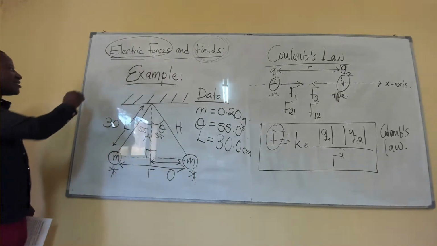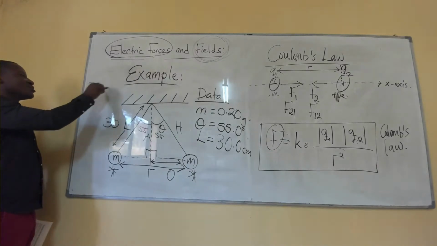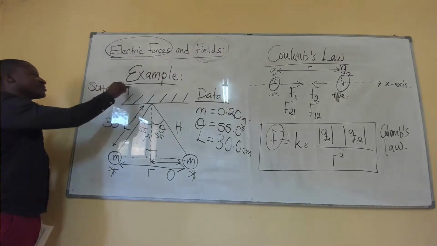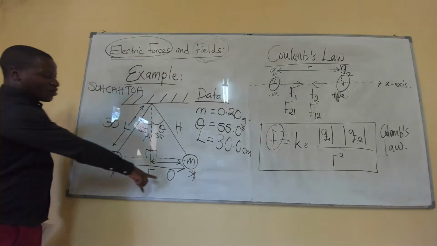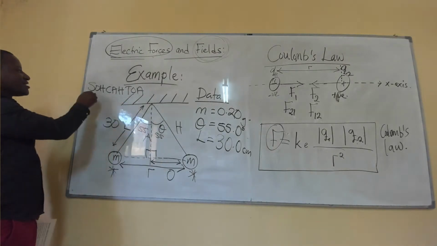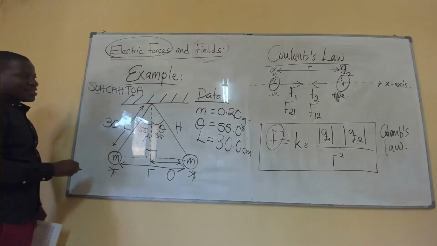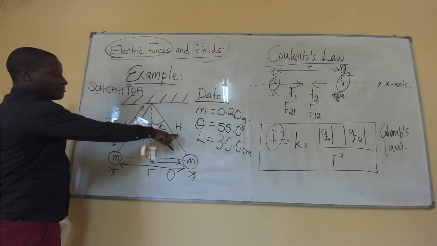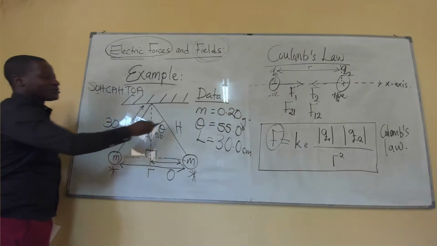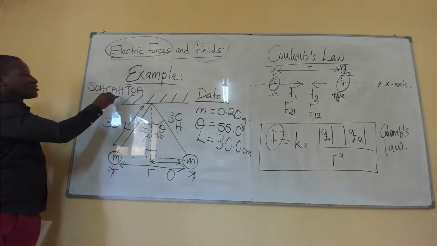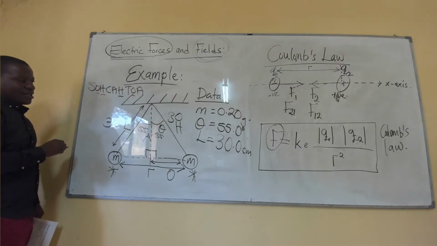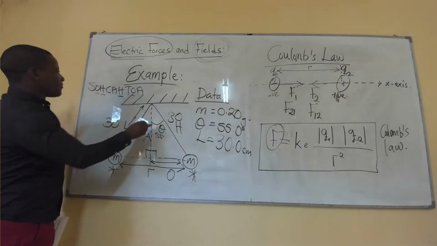How do we do that? You have your SOHCAHTOA here, right? So we know that the opposite is what you want. Then you have L, which is nothing but 30. So you have the H, and then the theta.